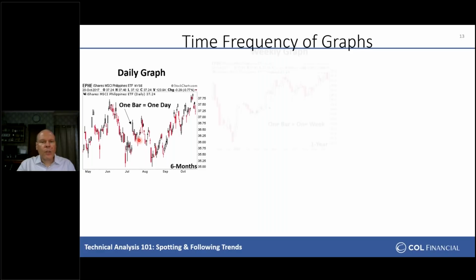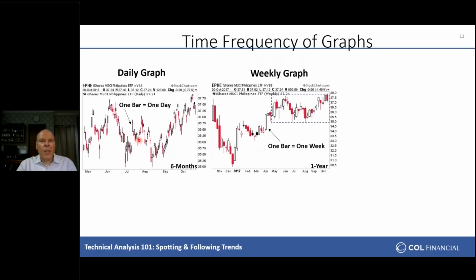Now, you can actually squeeze that data inwards and look at a much wider variety of price. You can change your graphic construct to look at a weekly graph instead of a daily graph. In a weekly graph, one bar measures 5 days of trading. And so in that one bar, you're talking about 5 days being entombed there. So if you look at a sample that I have, this entire graph that you see here, which is about 6 months of data, is actually just placed within this dotted area that you see here.